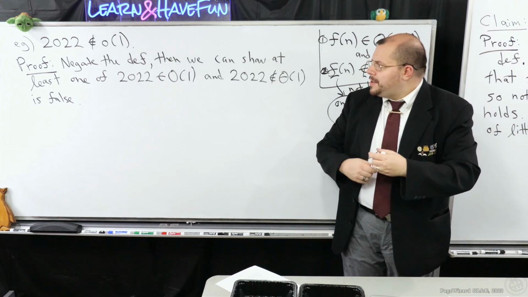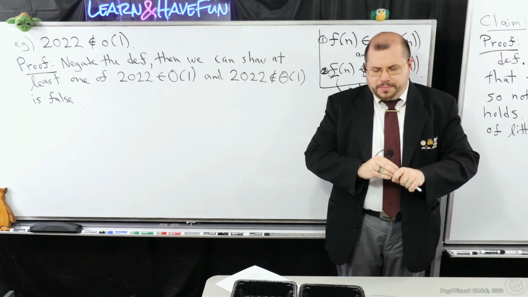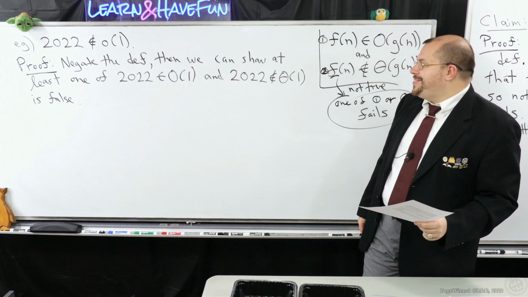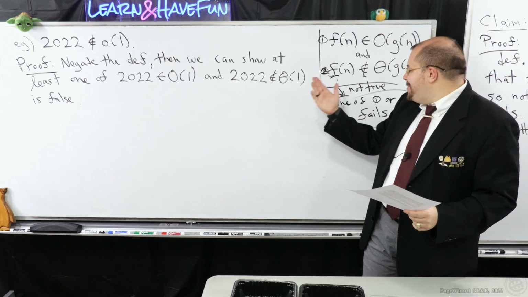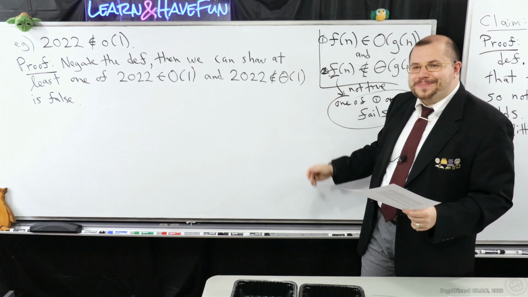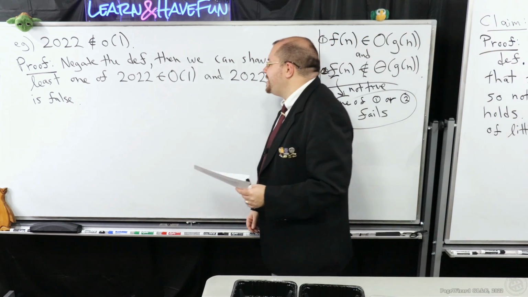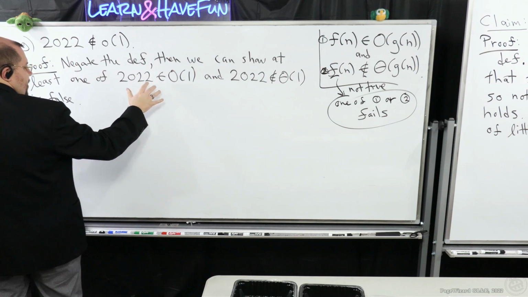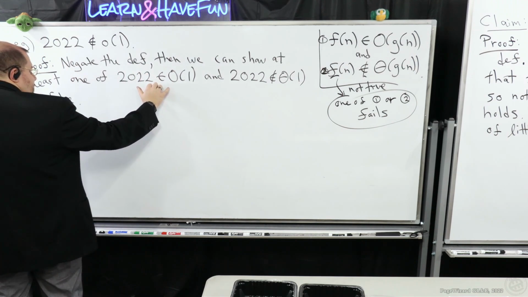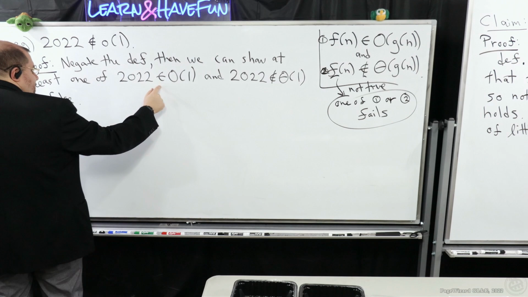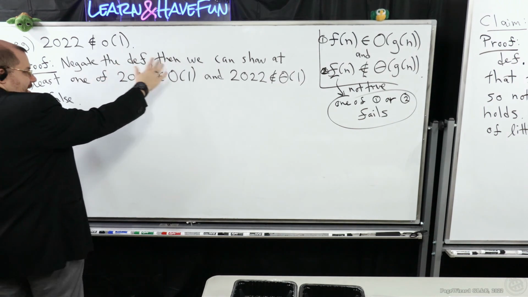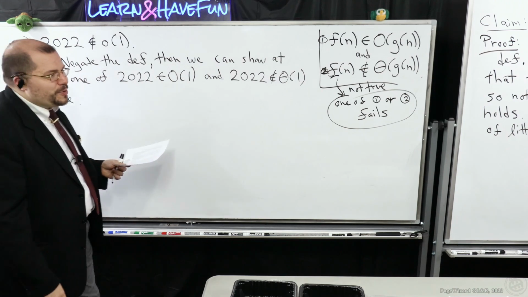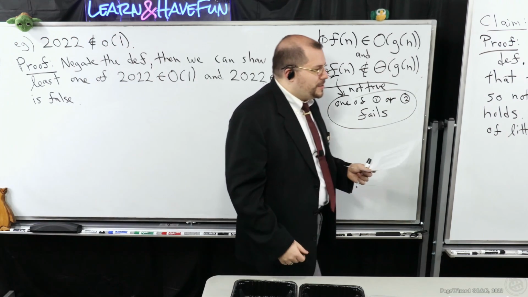So I have a question for you. Which one is the better strategy here? Which one of these should we tackle? Well, I can first tell you, and I want you to convince yourself of this, that 2022 is in fact big O of 1. So this is actually a true statement. So which one is the culprit if this is what we're trying to prove up here?